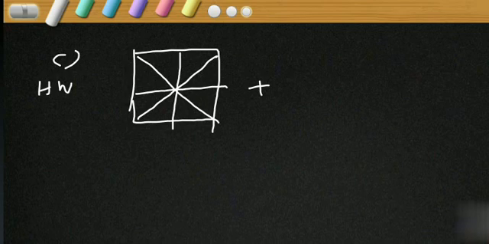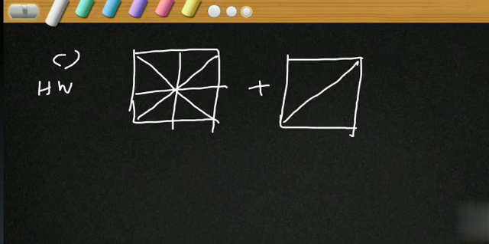Write down. Here we have one square, and it is divided into, how many equal parts are here? 1, 2, 3, 4, 5, 6, 7, 8. So this square has been divided into 8 equal parts.